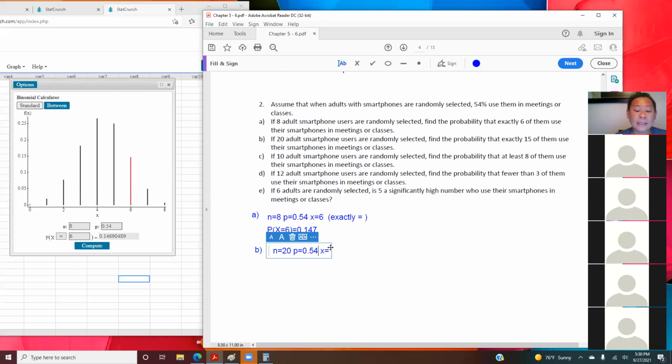And what is X in this case? 15. And what is the word that we have here? Exactly. Exactly means equal to, right? So can someone tell me what you're going to put in your StatCrunch for all these numbers?